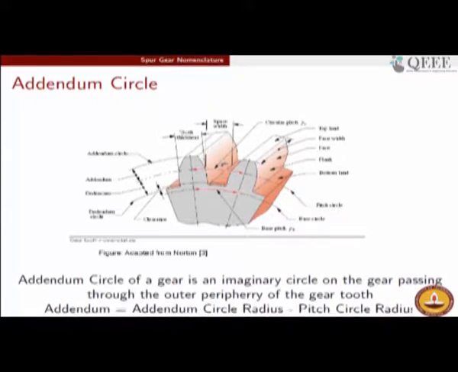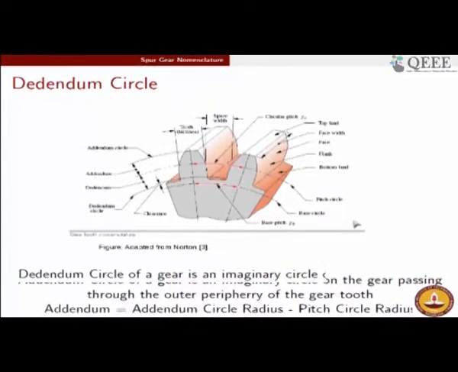A circle which just passes through the outer periphery of the gear is called the addendum circle. And addendum itself is the radial distance between the pitch circle and the addendum circle. So the addendum circle is here, the pitch circle is here, and the radial distance between the two is the addendum. Okay, that is the nomenclature for you.